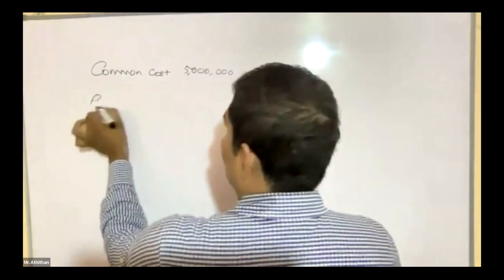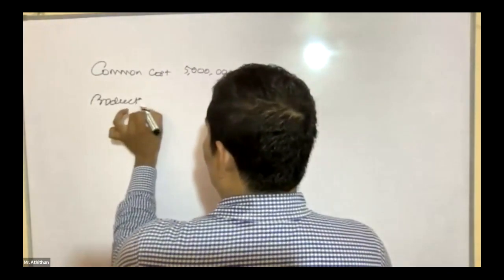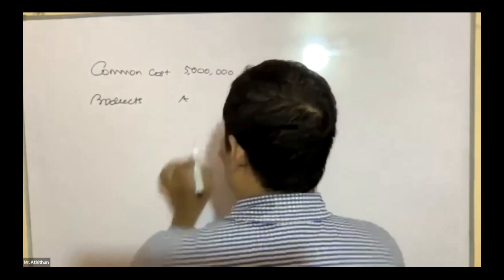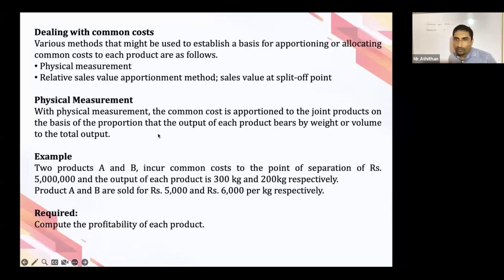Products A, B. And the output of each product is 300 kilogram and 200 kilogram respectively. Product A and B are sold for 5,000 and 6,000 per kilogram respectively.